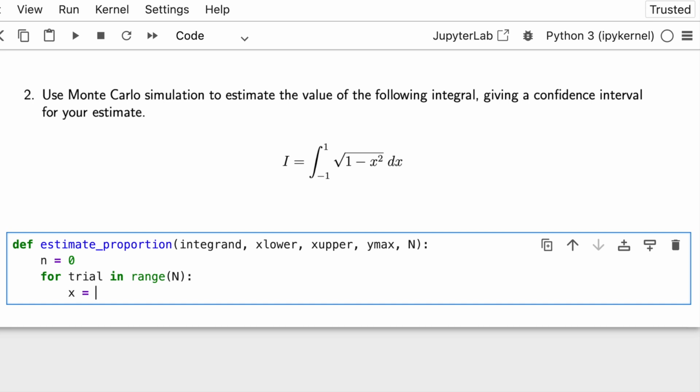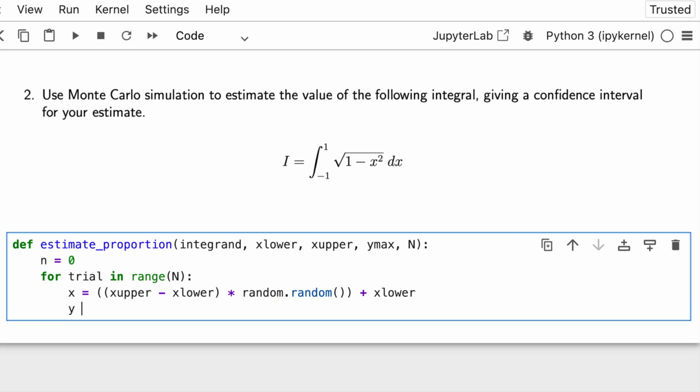This x coordinate will be a random number between 0 and 1, multiplied by the width of the rectangle, and then we will add the lower limit. So now the x coordinate will be a random number between x lower and x upper.